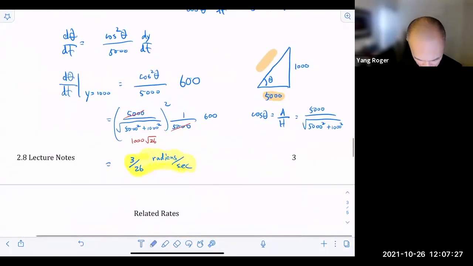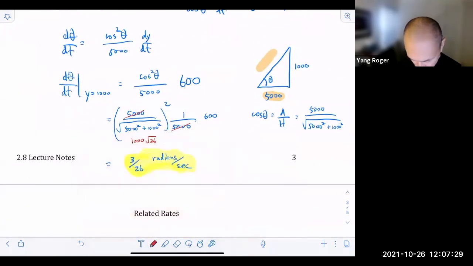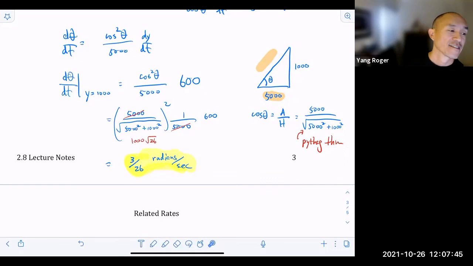So let me label that in case. Pythagorean theorem. Okay. Once you have that, you can pop all the numbers in. And remember, our angles are always measured in radians. So this would be our final answer. Are there any questions about this?